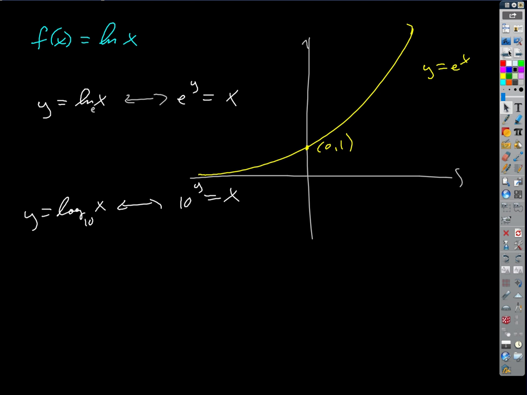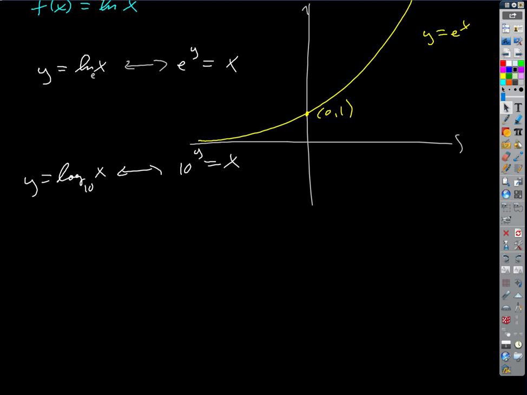We're just going to write it in terms of y, swap x and y, and solve for y, right? So we're starting here with f of x equals log x. Let's make that y equals log x. Here's that little base e, right? So all I've got to do if I want to find the inverse is swap x and y.